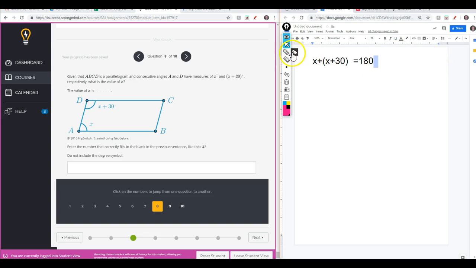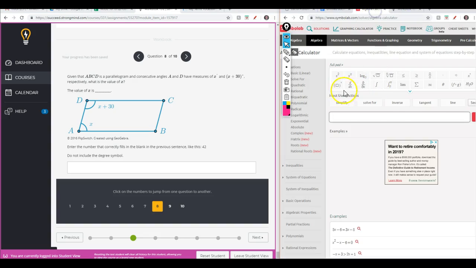So it's easier for me if I just copy this. And this is a Symbolab calculator that is under the Announcements tab in their website resource page for you to access. So we wrote out our equation, x plus x plus 30 has to equal 180.